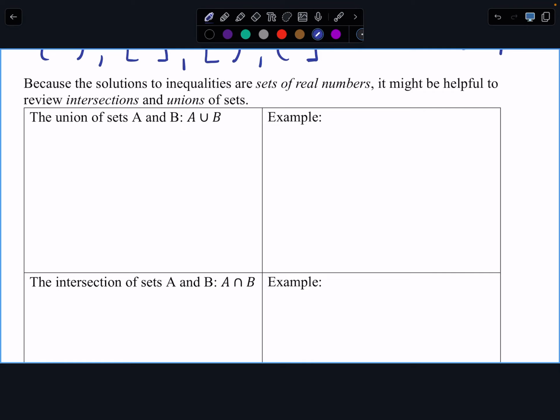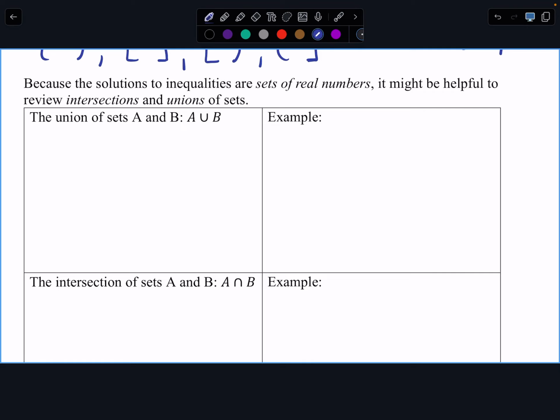When we are talking about the union of two sets of numbers, meaning two intervals, that means that a value would belong to the set if it belonged to one interval or the other interval. So a number would be part of a solution set if it belonged to one interval or the other interval.